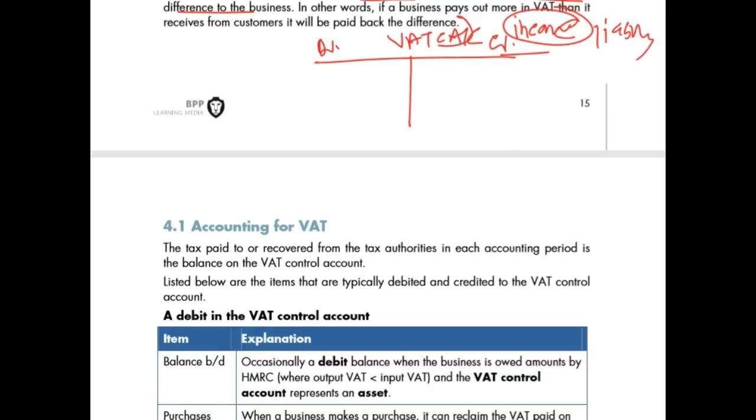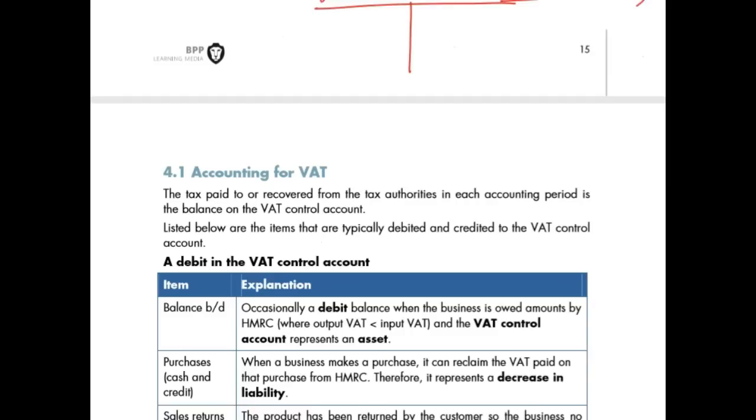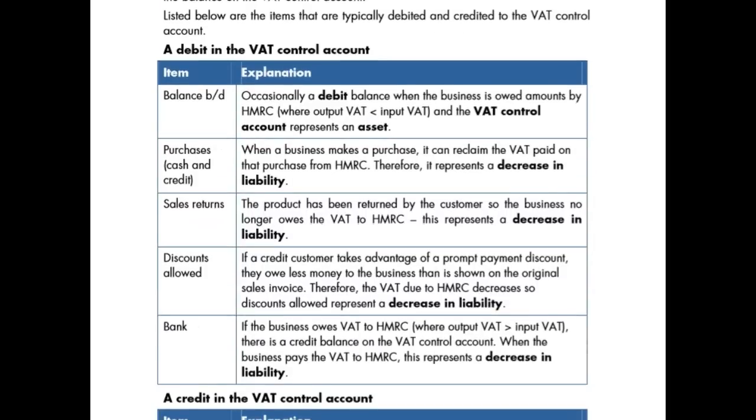VAT liability is credit, and a decrease in liability, less liability, which is expense related VAT, is debit. But we will go into more detail on these VAT items.